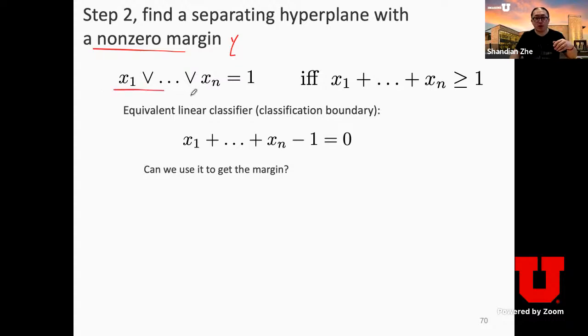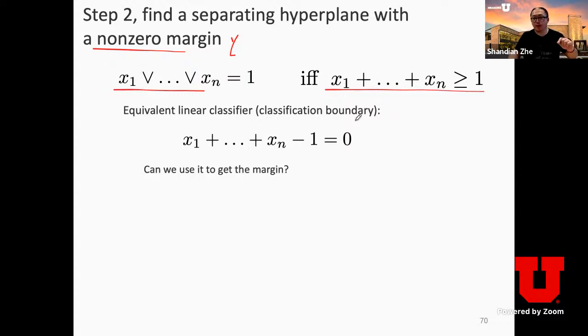This is our target function. The target function is a conjunction of n variables. Sorry, it's not a conjunction, it's a disjunction. We know that the disjunction is 1 if and only if any variable takes value 1. Equivalently, we could represent it as this inequality: the summation from x1 to xn is no less than 1 if and only if the disjunction is 1.